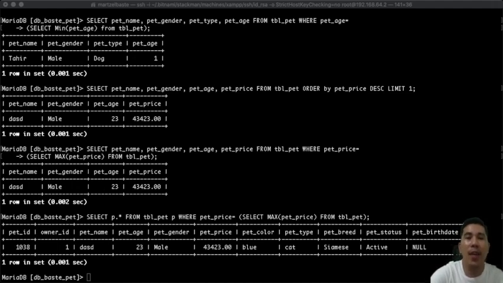So meaning to say, what we are going to achieve in this particular query or situation is that aside from its pet price being 43,423, its gender must be female, and at the same time its type must be dog. Or what if the situation is that its type must be cat.